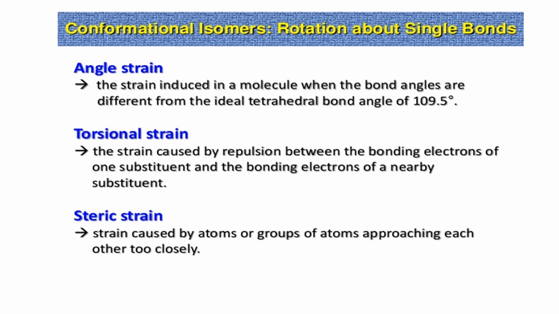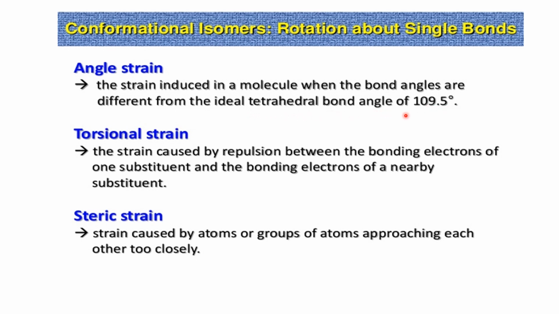See, the stability of any conformation is affected by three factors. They are angle strain, torsional strain and steric strain. The angle strain is the strain induced in a molecule when the bond angles are different from the tetrahedral bond angle.